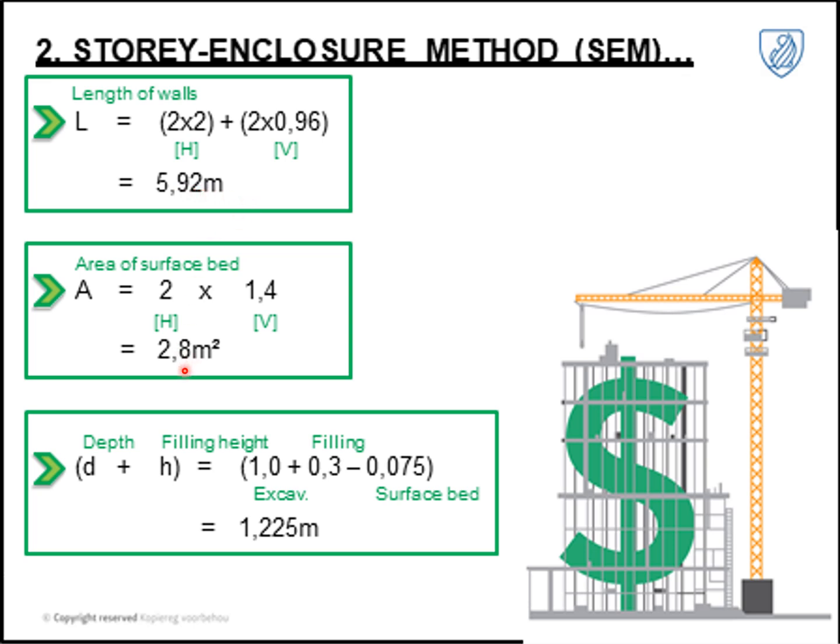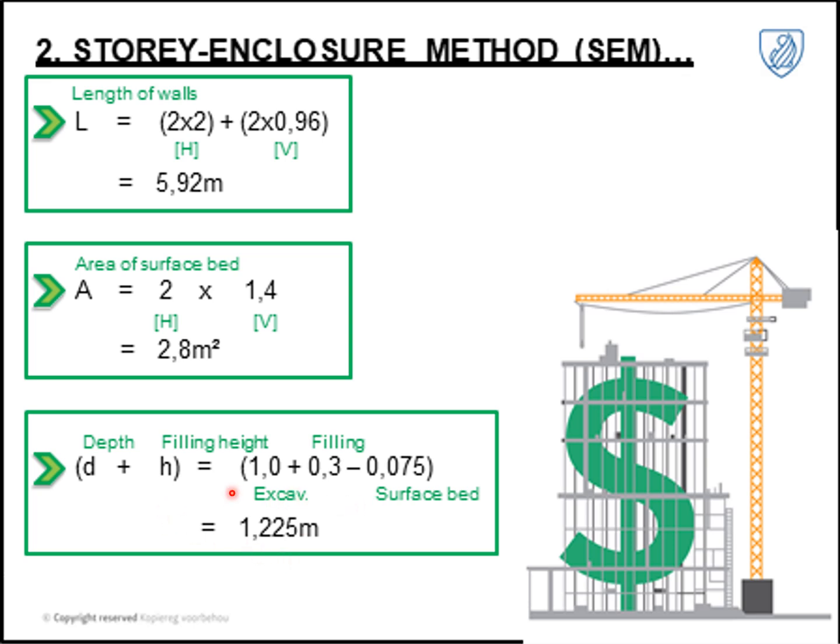5.92 meters. Then the area of the surface bed is 2 times 1.4, and then you basically have everything to calculate your factor. So your depth plus your height is equal to 1 plus 0.2 minus the surface bed area. So you're calculating the filling underneath.